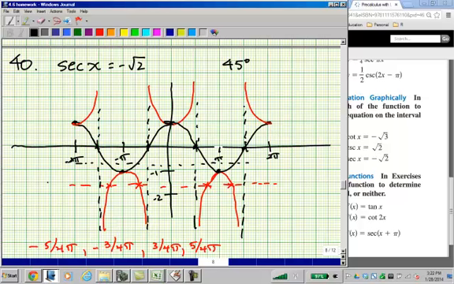So it has the asymptotes where the cosine equals 0, and it has the relative maxima where the cosine has its maximums and minimums. So then I approximate negative square root of 2, which is like a 1.4, and I draw the dashed line, and that dashed line is right here.